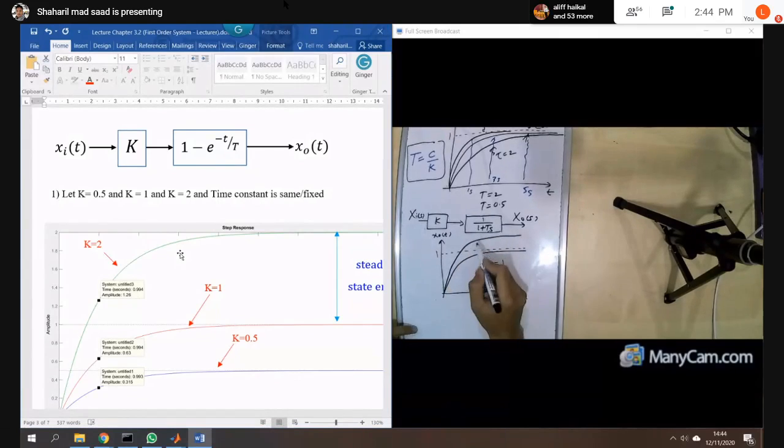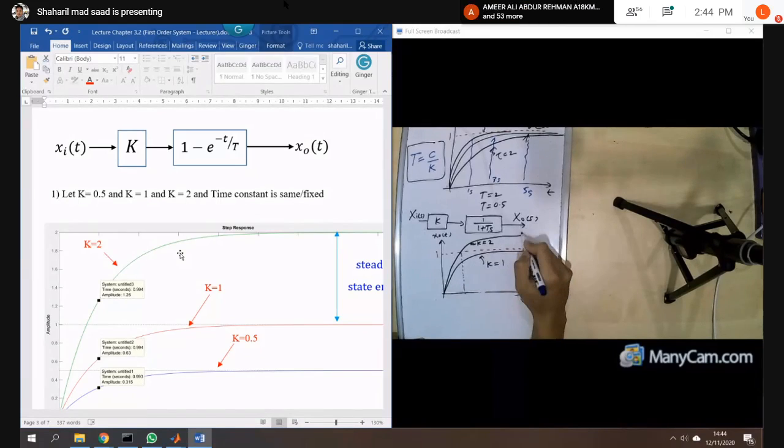Okay, so this is k equal to 2. You can see that the time to achieve 1 is faster than this one, k equal to 1. However, the steady state error for k equal to 2 is larger.